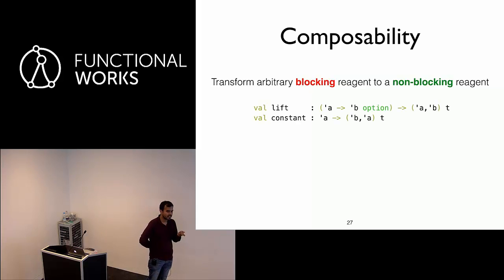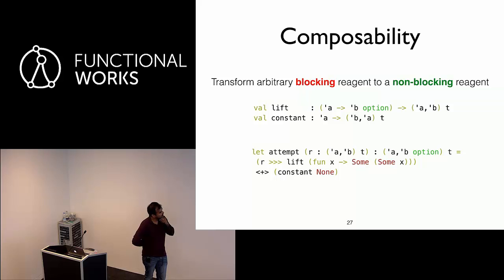And the way you do that in reagents is using two other combinators. One is lift, which lifts a pure function to a reagent, and another is constant, which always returns a constant value. And you can put them together into an attempt reagent, which takes any reagent, blocking or non-blocking, and always transforms it into a non-blocking reagent.